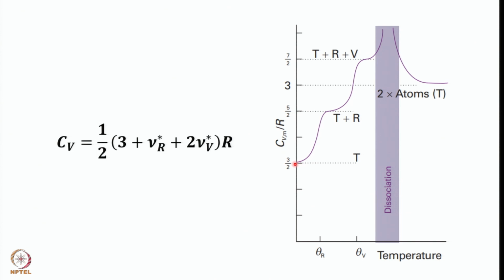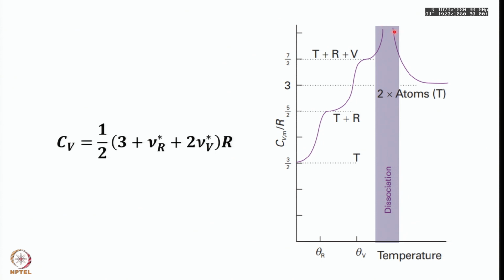In a gas, the molecules will always have translational degrees of freedom, so the 3/2 R contribution will always be there. If it is a linear rotor, as you keep increasing the temperature, another R contribution will come. If you further increase it, another R contribution comes for a diatomic molecule.